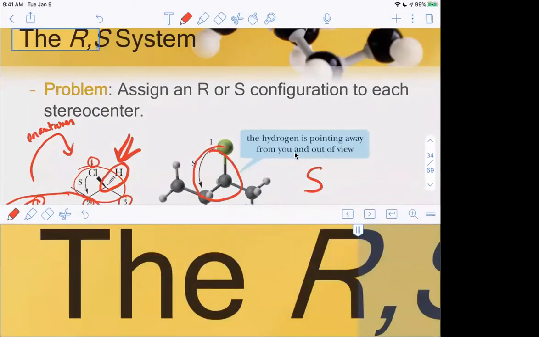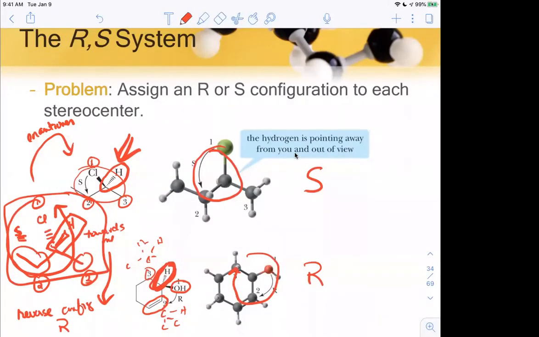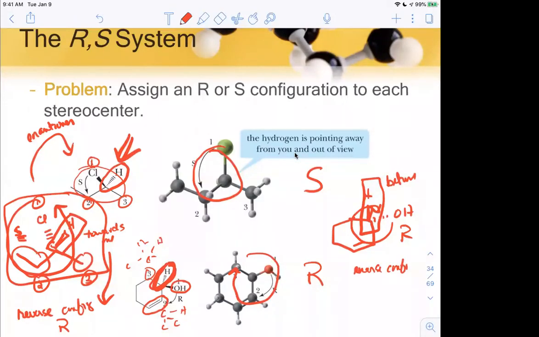Conversely, if I drew this guy and I reverse that, here I have the H coming out and I have the OH. I could still do it, that's R, but because this is going behind, I'm going to reverse the configuration, and this is really S, so those two are enantiomers.